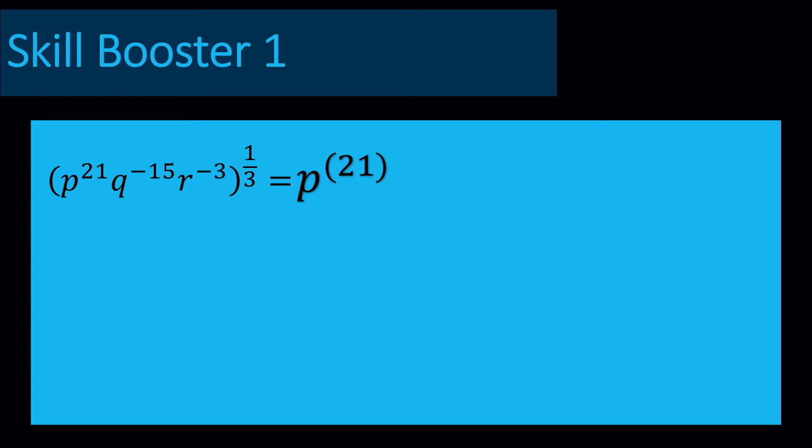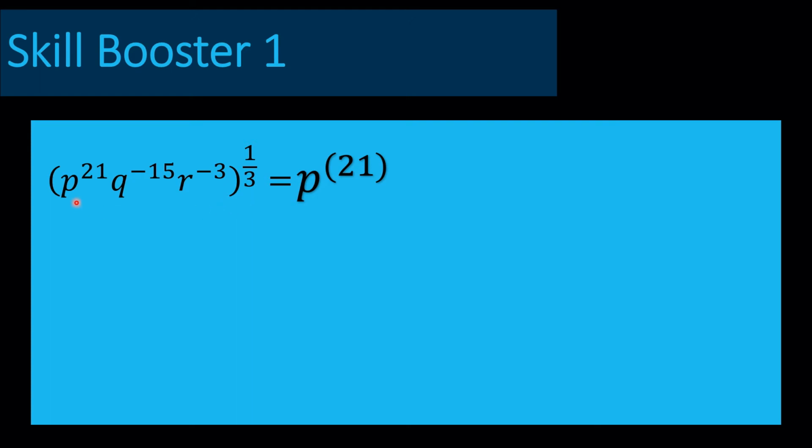So in doing this, what we're going to do is apply the laws of exponents, because that's all we have. Looking at the problem, you have several power expressions inside the parentheses, and they are being raised to the power of 1/3.